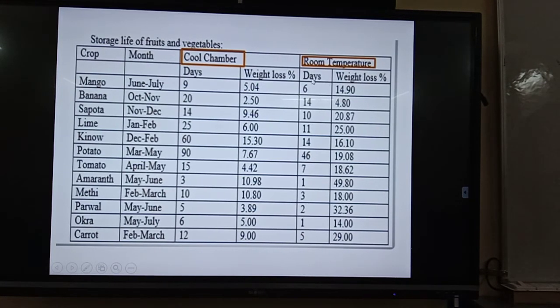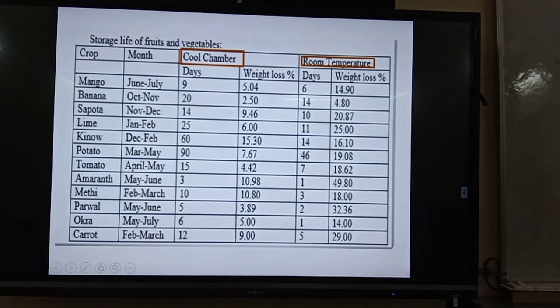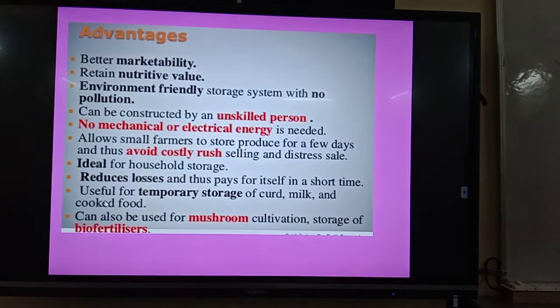But when we store them at room temperature, we can only store them for 6 days, and the loss will be more than 14%. So this is the difference: we are not only providing better storage conditions, but also reducing the weight loss in such crops with the help of this storage system. Now, what are the advantages of this system?